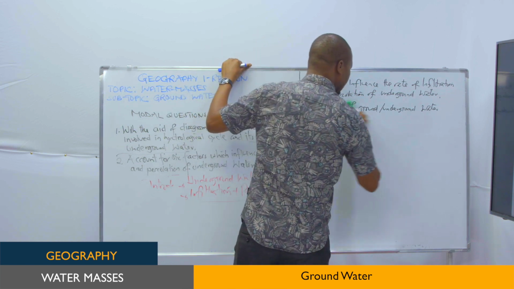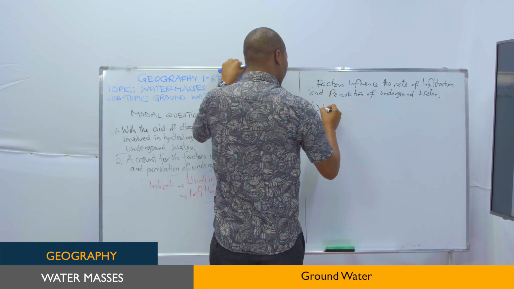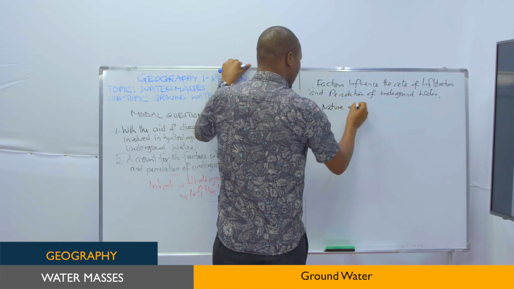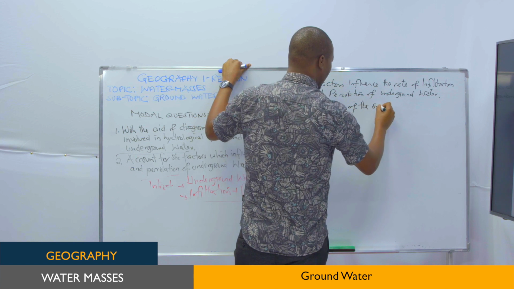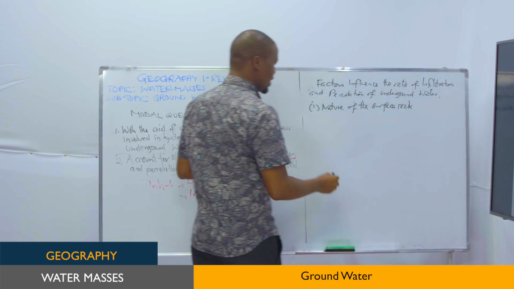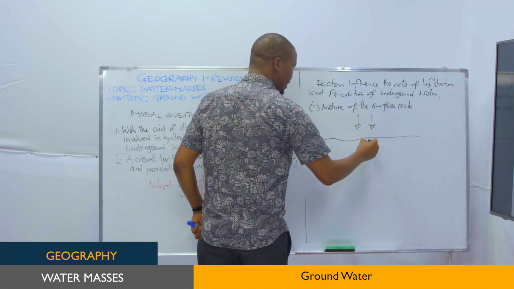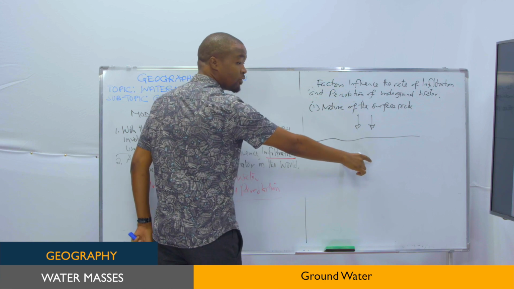So the first factor is the nature of the surface rock. Remember, for instance, if there is rainfall, this is the ground.